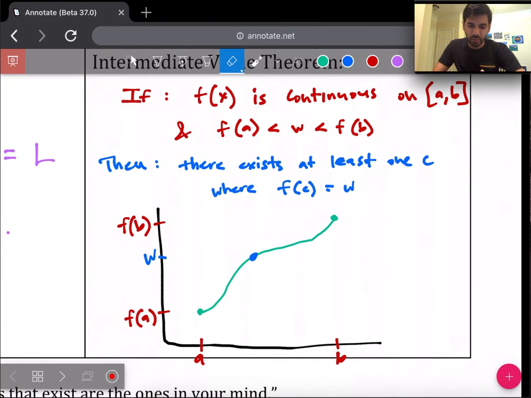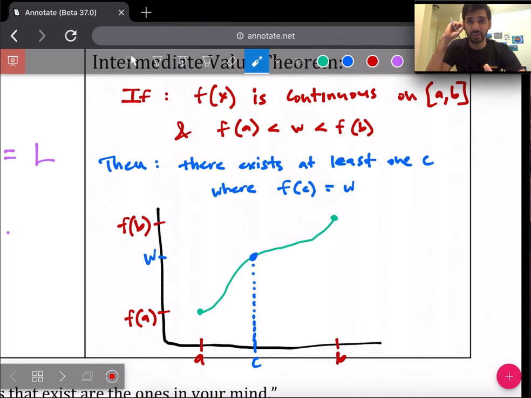So what the intermediate value theorem is telling me now is that there has to be one value c such that f of c equals w. So this x coordinate down here is c, and f of c is equal to w. And this is called the intermediate value theorem.